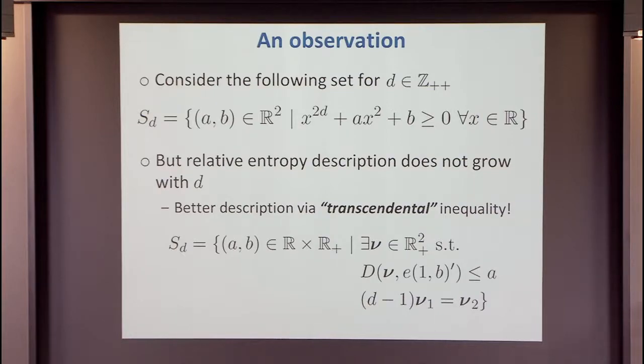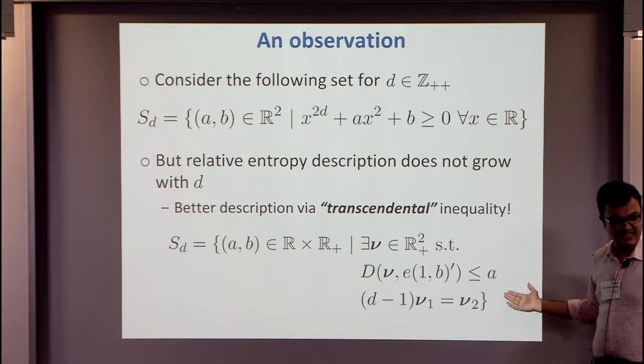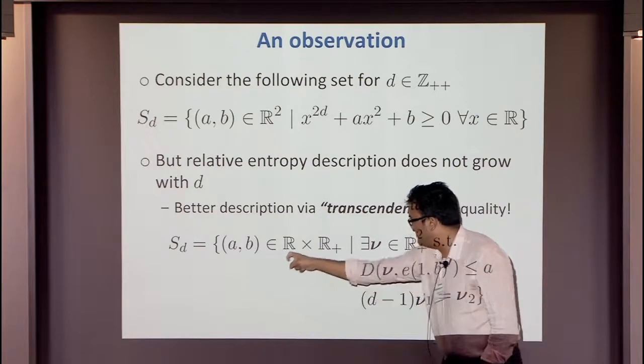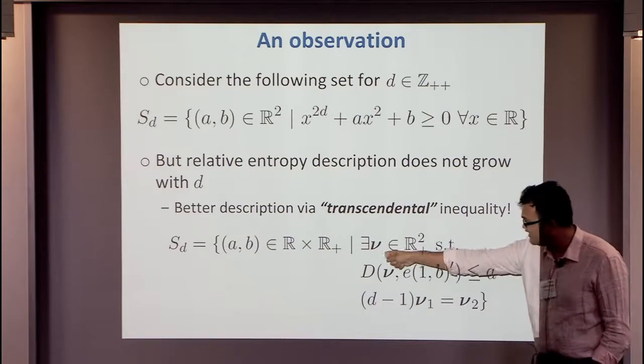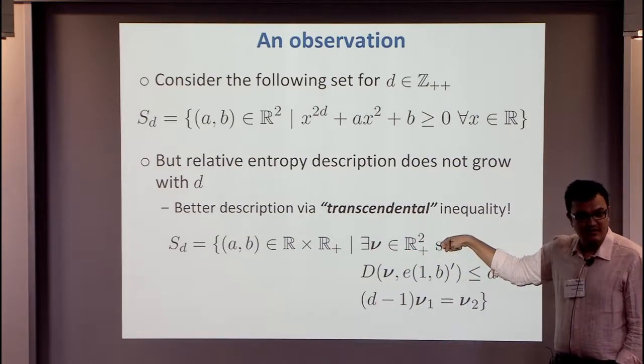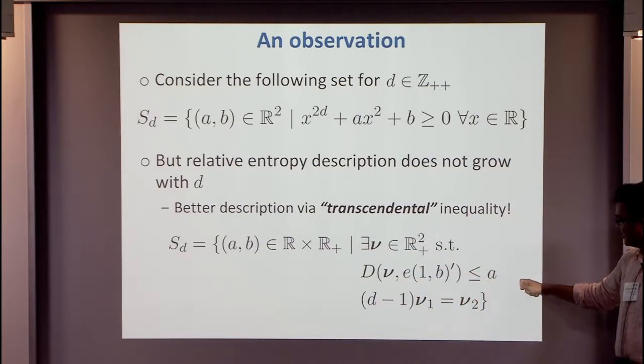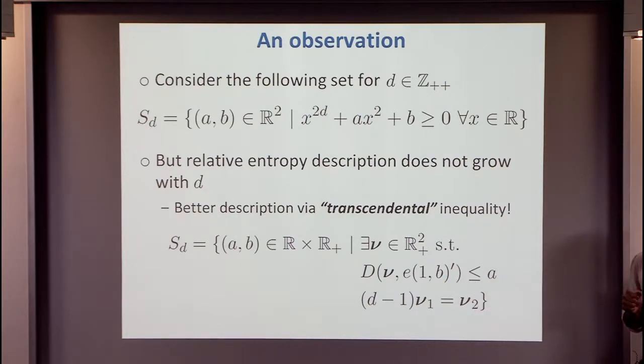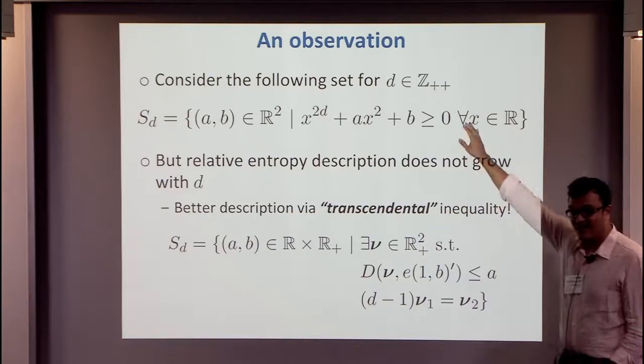But there is a very nice description of exactly that set using relative entropy. All A's and B's that satisfy this condition, so the existence of a nu such that this relative entropy inequality holds, where A and B show up, and that linear equation holds, exactly characterizes this set.